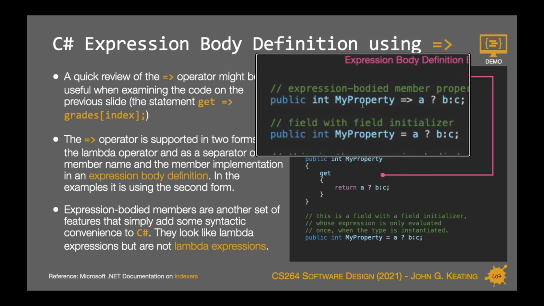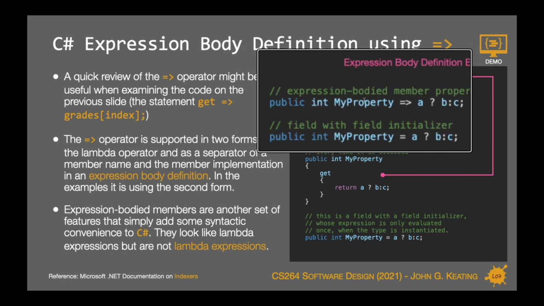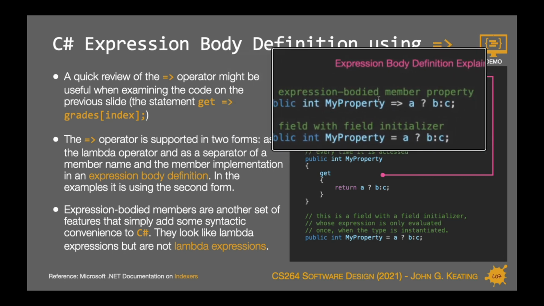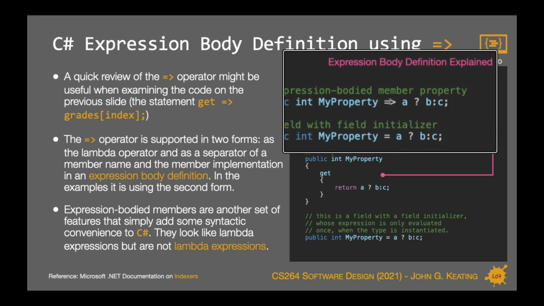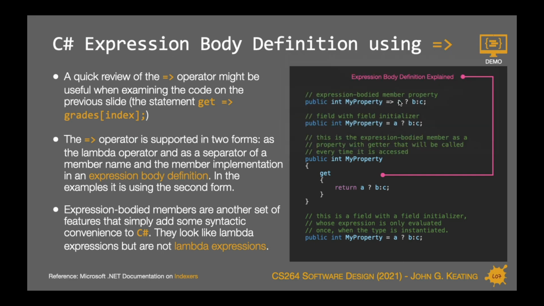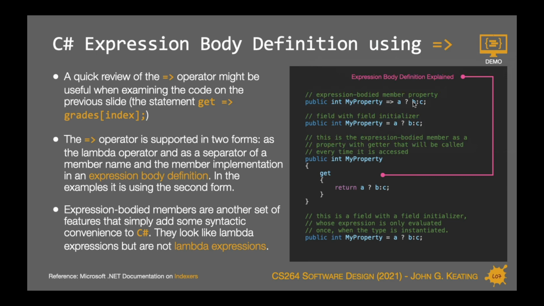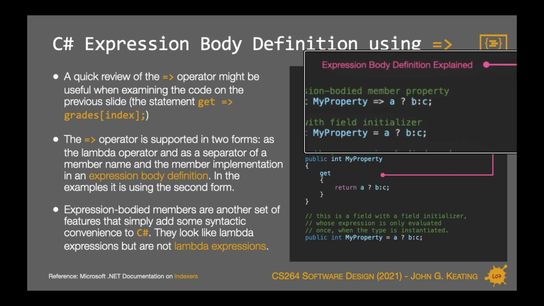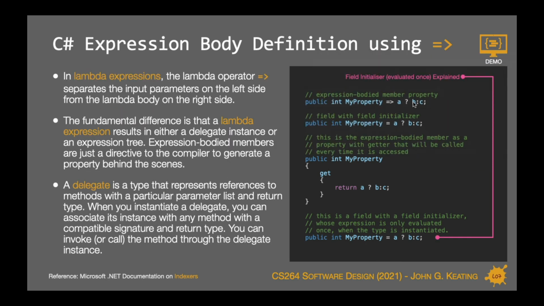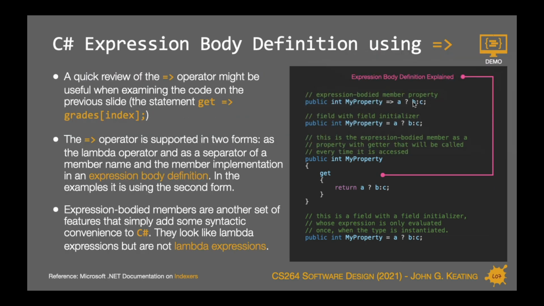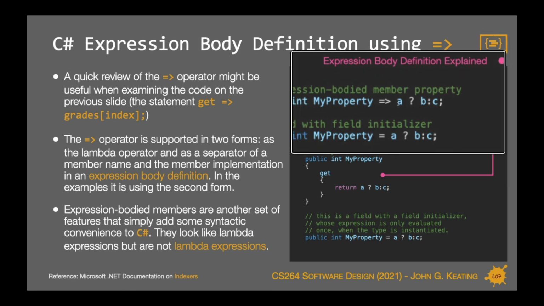So for example, if you have a property here that's set up like this, a public int my property, and we A hook B and C, and from last year, the hook operator is one of my favorite operators, and also this is an evaluation, and depending on the value of B and C, which gets assigned to A. Okay, so it's fairly straightforward.